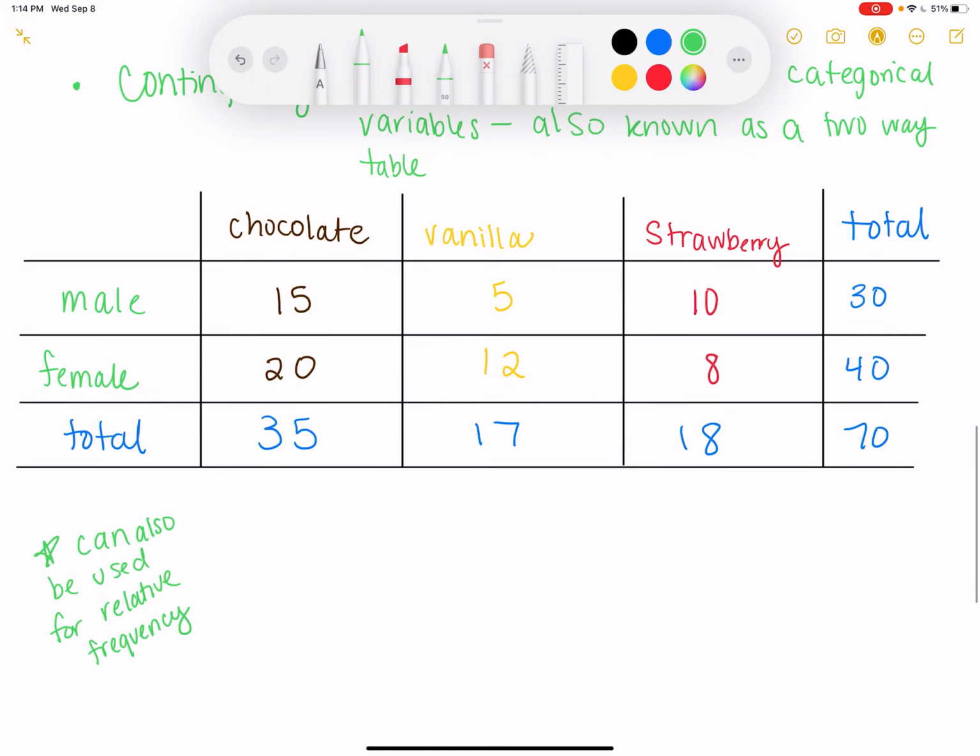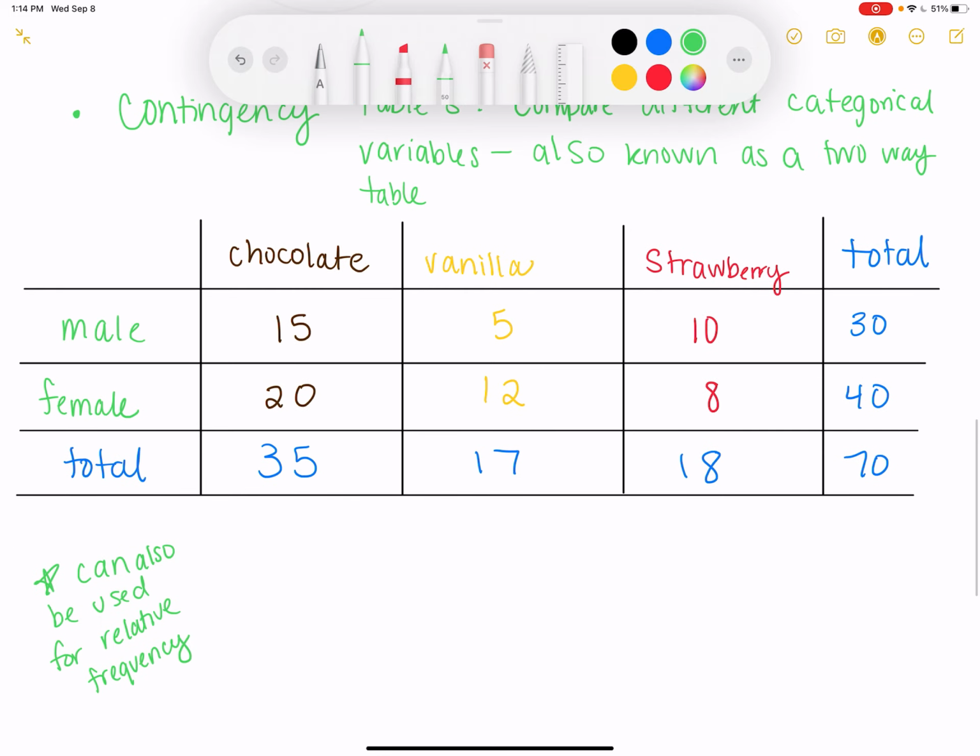All right, so all the numbers in the table show conditional distributions.